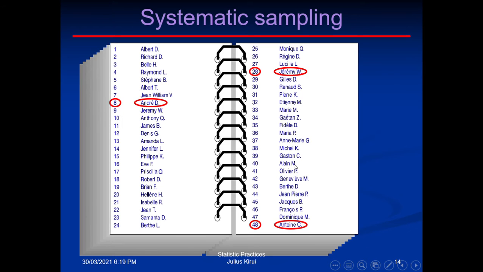What is the difference? 20, is it? 28 to 48. What is the difference? The 20. Is it okay?